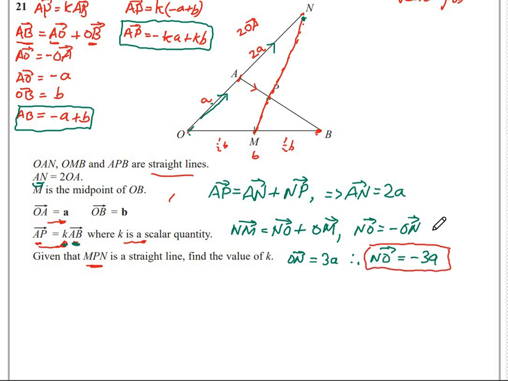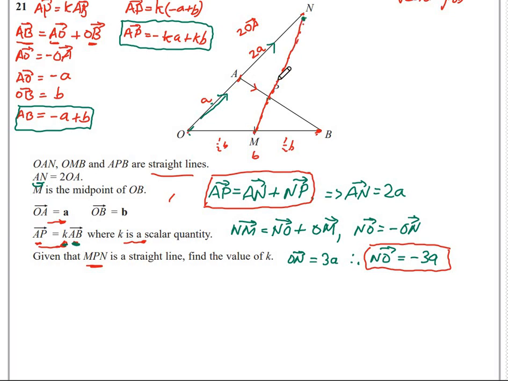So let's just remind ourselves of what we wanted to do. Remember, we wanted to find AP. We have AP here in terms of the line AB. Now we've realized that AP is also part of another triangle. It's part of this triangle here. And so we wanted to find AN and MP to try to find AP, right, in terms of this.